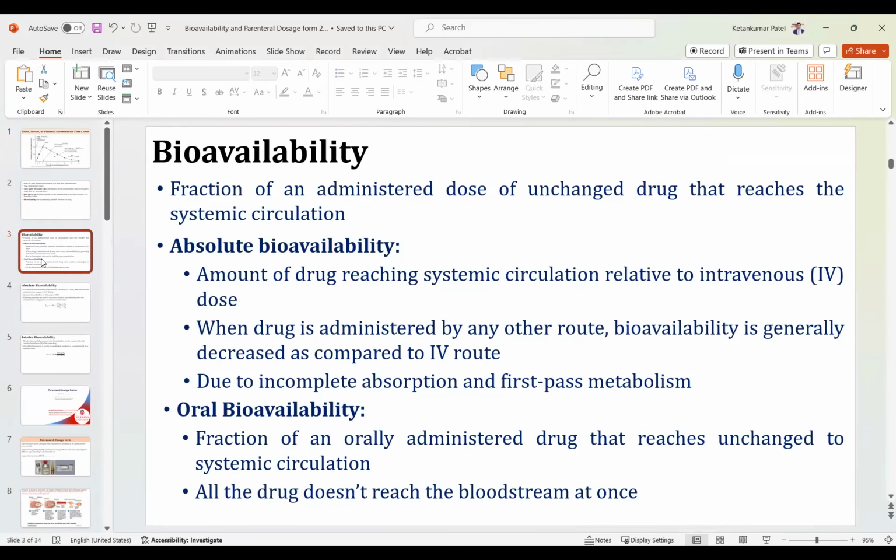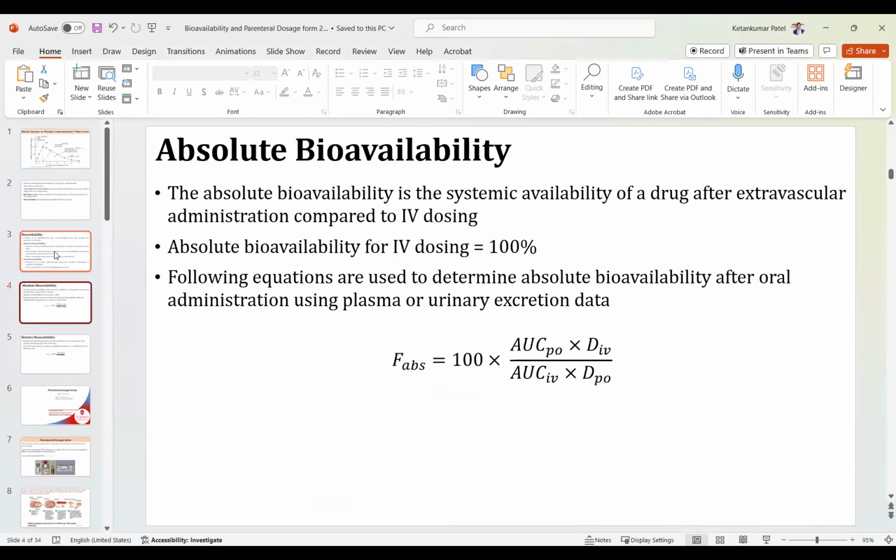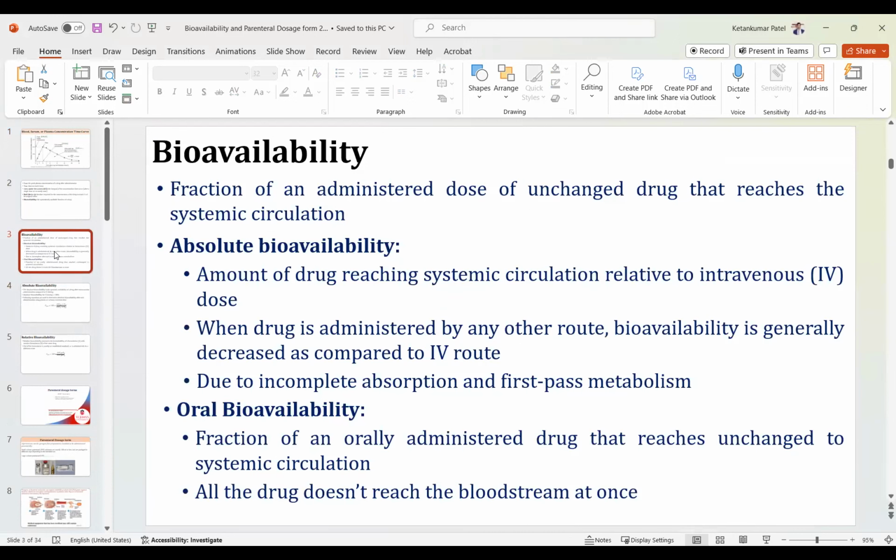Chapter 5, bioavailability. There are two kinds of bioavailability, absolute and relative. When we compare something with the IV dosage form, that's called absolute bioavailability. If you inject 100 molecules by IV route versus you give 100 molecules by oral route, how many of those molecules are really reaching the blood? Some may be insoluble, some may not be permeable, and some molecules may be subject to pre-systemic or first-pass metabolism.